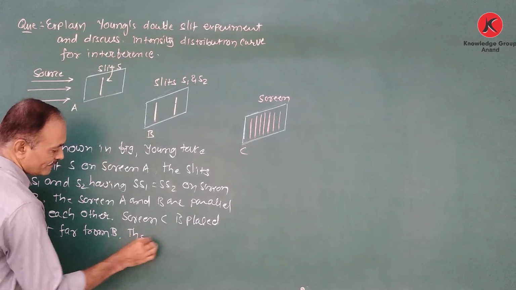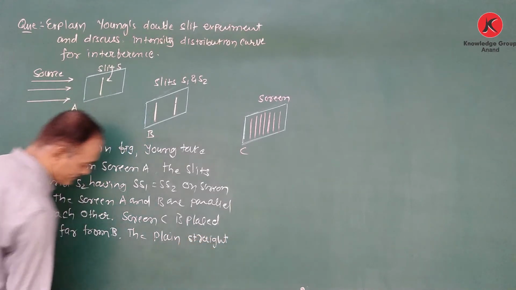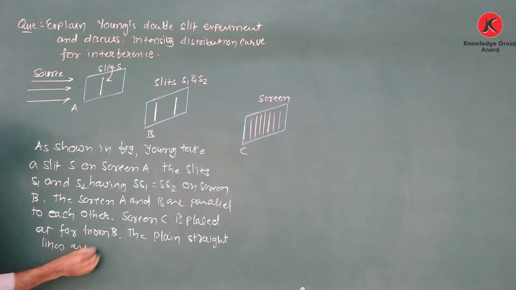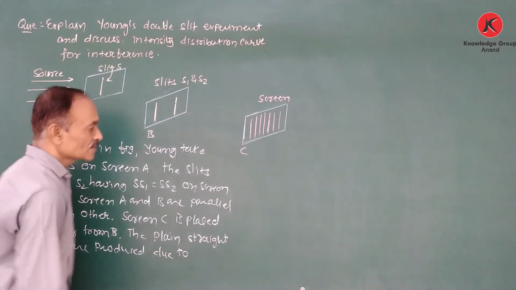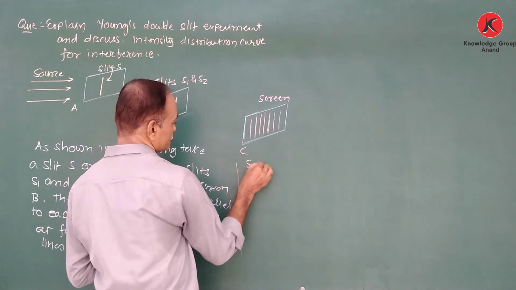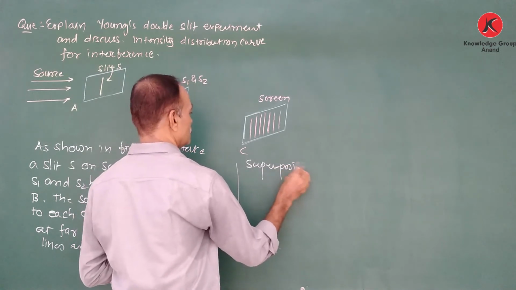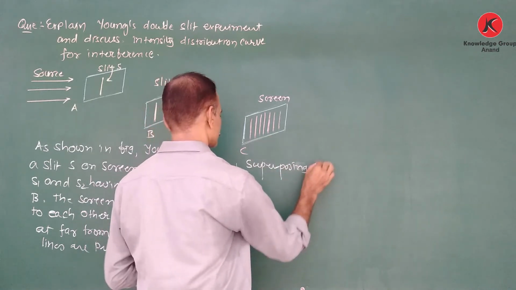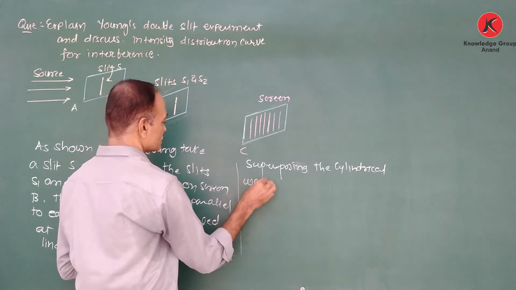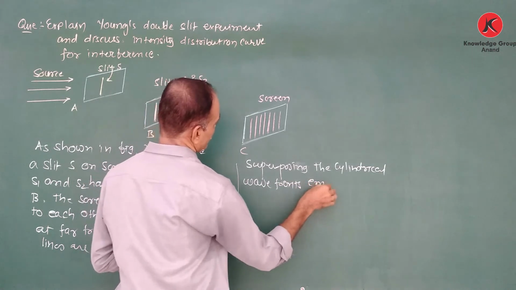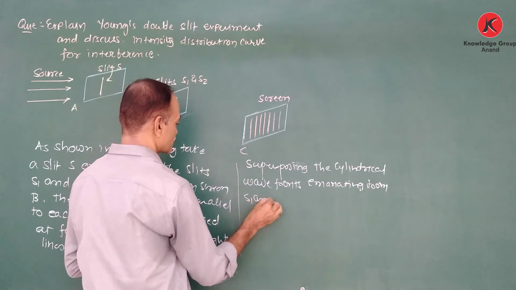The plane straight line fringes are produced due to superposing of the cylindrical wavefronts emanating from S1 and S2.